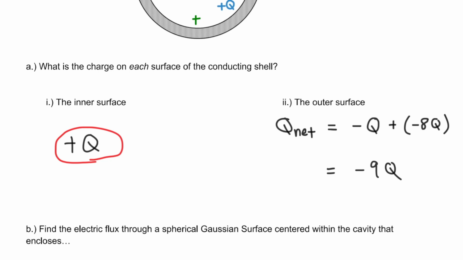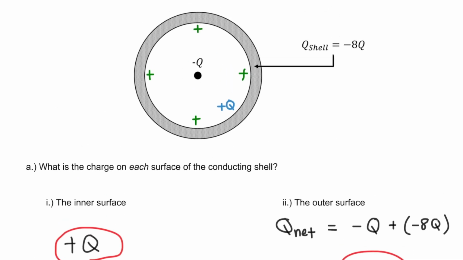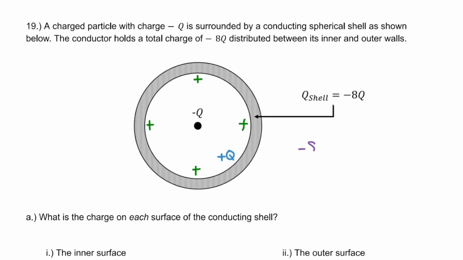There is an alternate approach to doing this that might make this a bit more clear. You could have equivalently written the equation that says the shell has negative 8q total, and it gets to pick how it distributes that minus 8q. So it's going to distribute part of the q in the inner surface, and then it's going to distribute part of the q in the outer surface.